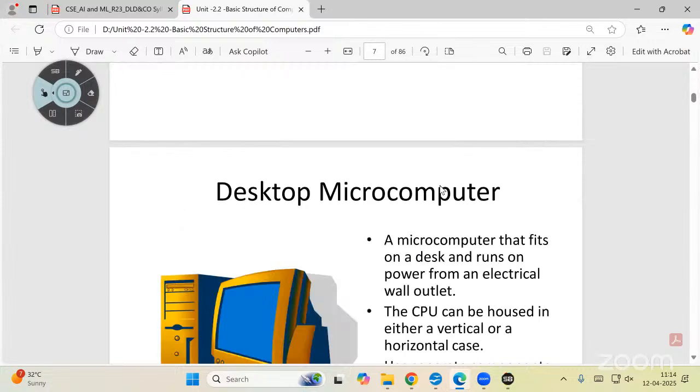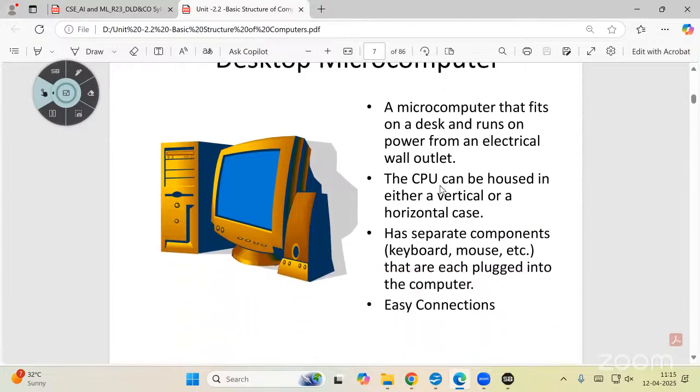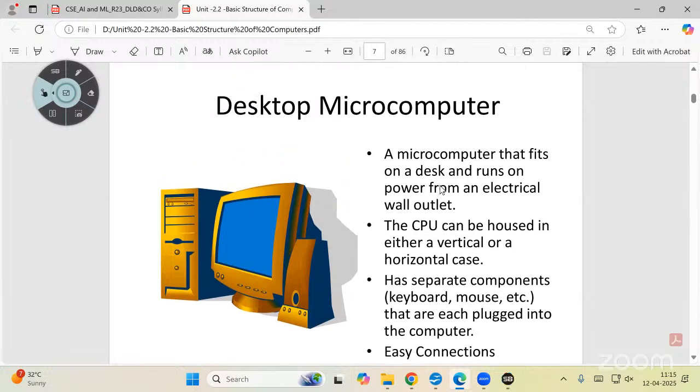The next one, desktop. Desktop computer. The personal and desktop are both the same. Okay, personal computers and desktop computers. And this desktop is also fixed on the table. Okay, so the second category is the desktop computer.